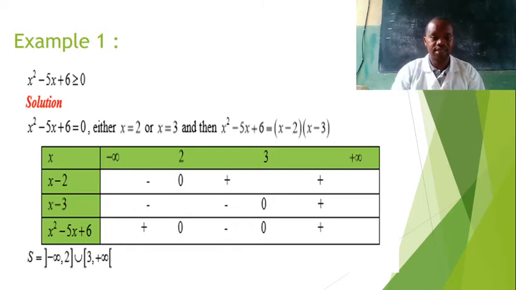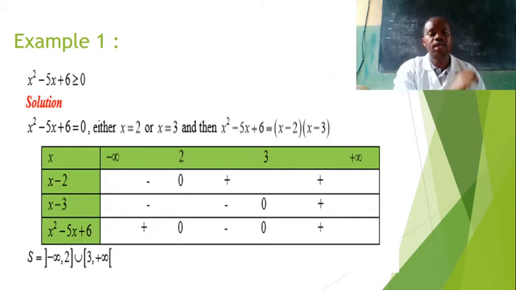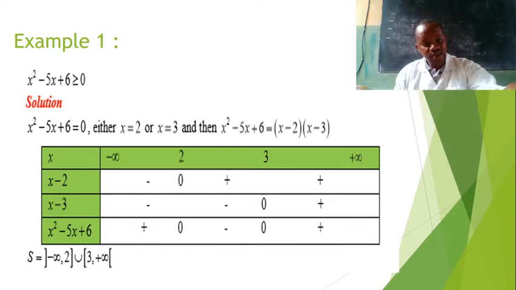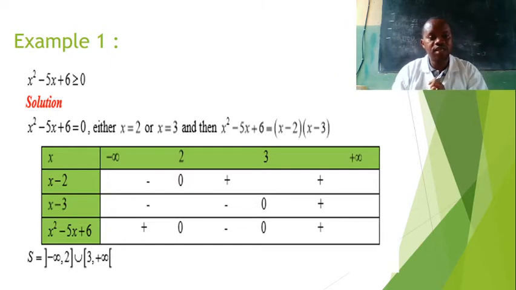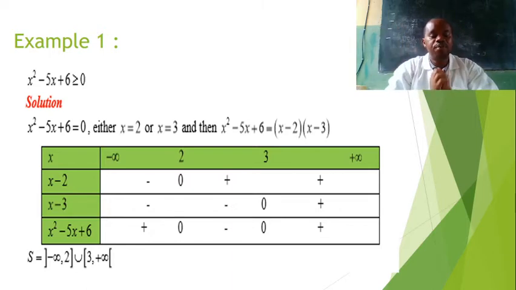As x square minus 5x plus 6 is equal to the product of the two factors, the sign for x square minus 5x plus 6 in each interval will be the product of the signs of the two factors respectively.